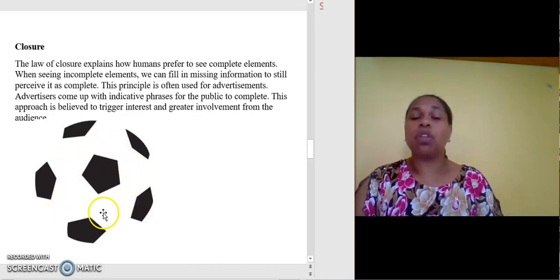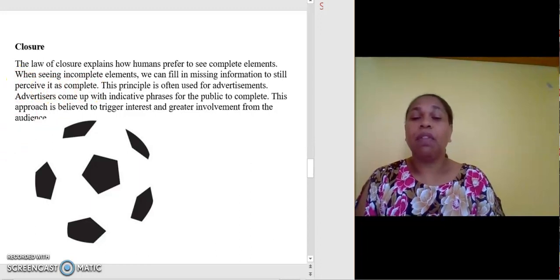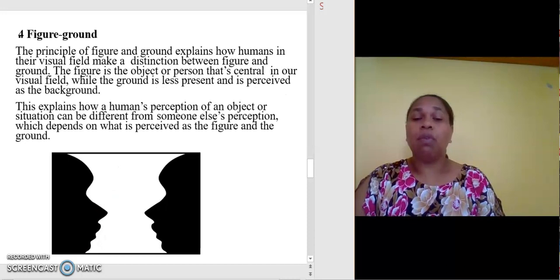That's where the law of closure in Gestalt theory comes in. It explains that the human eyes play an important role in trying to complete missing information and perceive it as complete. And then the next one is the law of figure and ground.